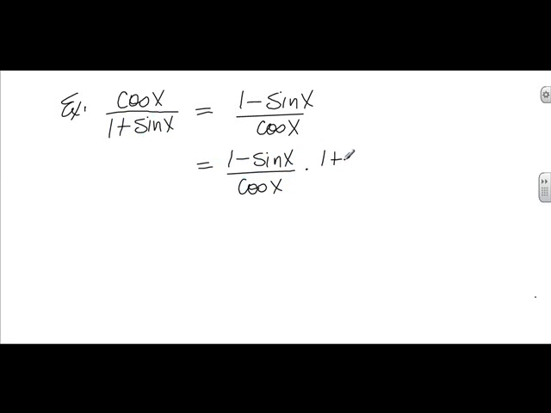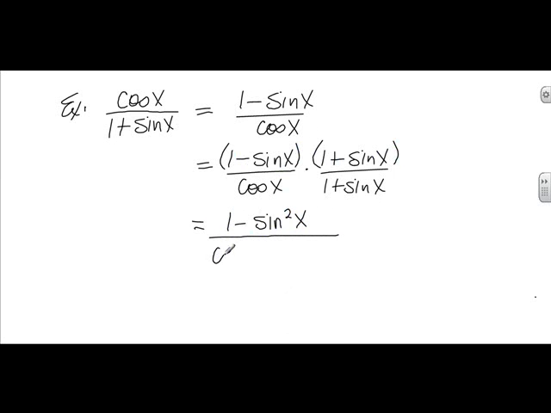When you multiply those two binomials in the numerators, you're going to get 1 minus sine squared of x. The denominator then is cosine of x times the quantity 1 plus sine of x. All right, and 1 minus sine squared of x is the same thing as cosine squared of x.